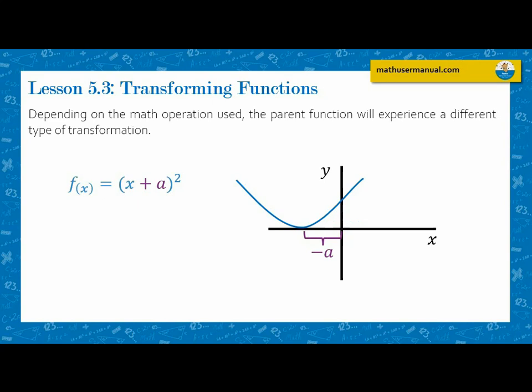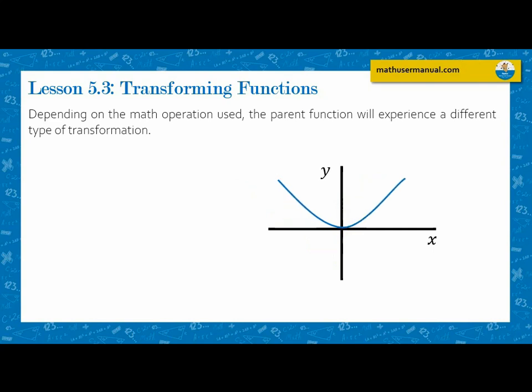Now, something to be very careful about when having horizontal transformations is that we go in the opposite direction. If we have positive a inside of the parentheses, we need to move in the negative a direction, or in the negative x direction. So for a positive constant, remember a represents any number, we move to the left.